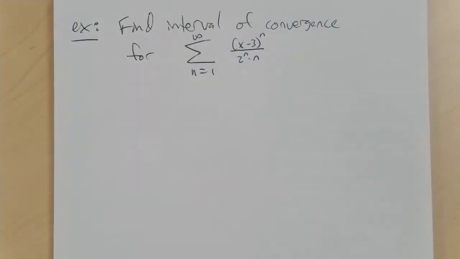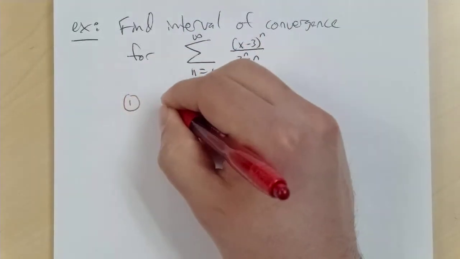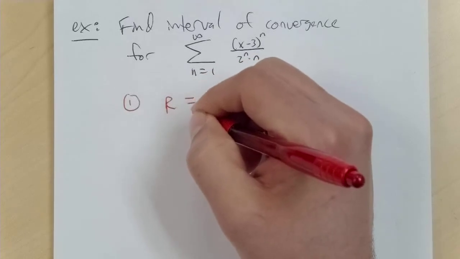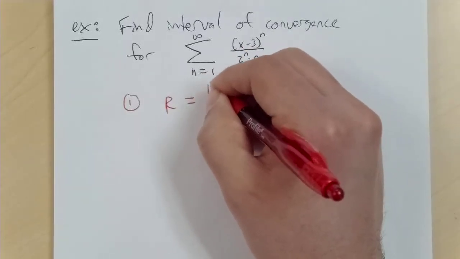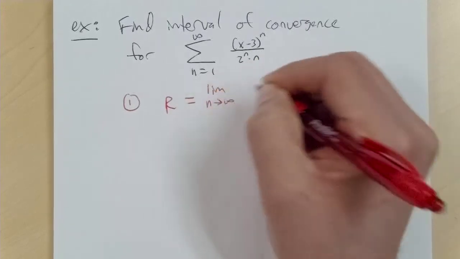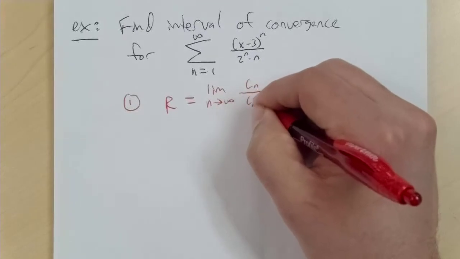All right, so first we're going to find the radius using that equation that we reviewed a minute or two ago: the limit as n approaches infinity of c sub n over c sub n plus 1.